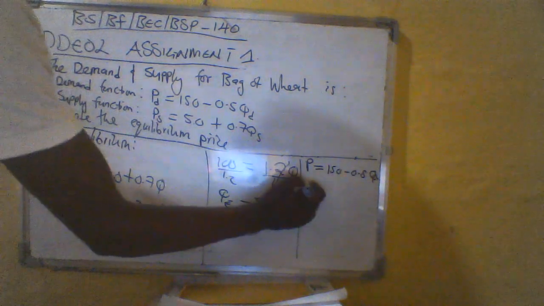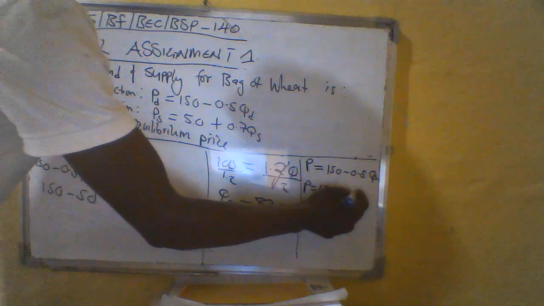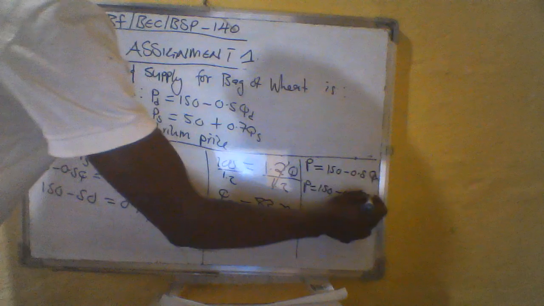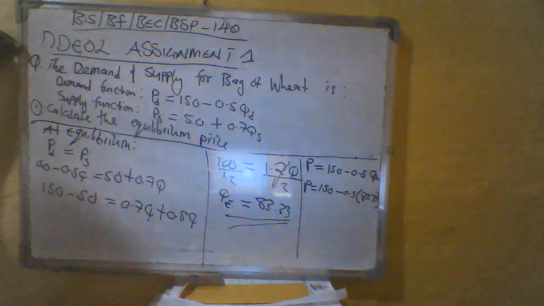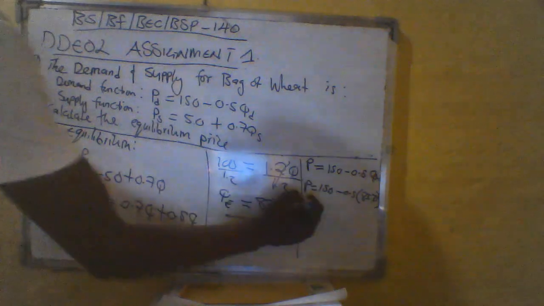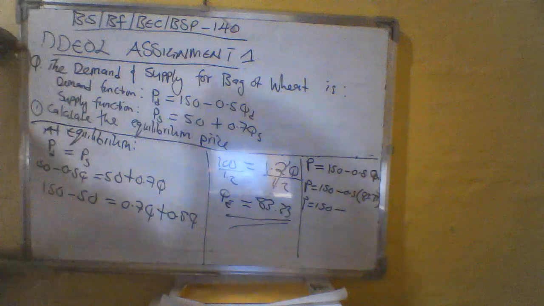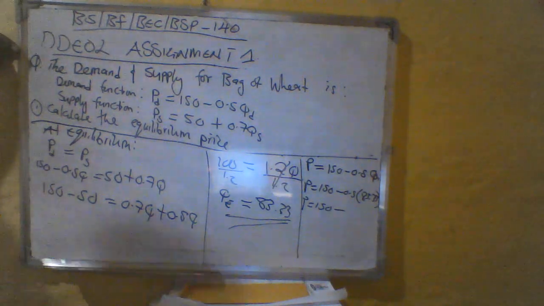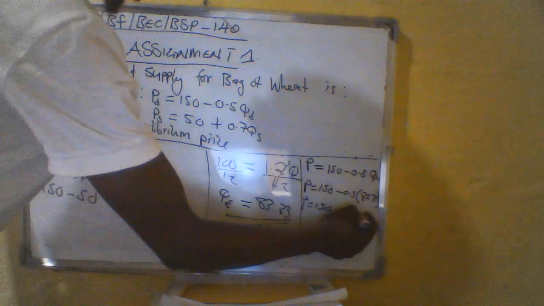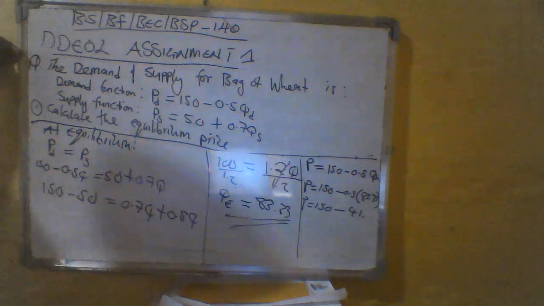So what am I going to have? P will be equal to 150 minus 0.5 multiplied by 83.33. So when I evaluate, my value of P becomes 150 minus 0.5 multiplied by 83.33333. I should have 41.67.